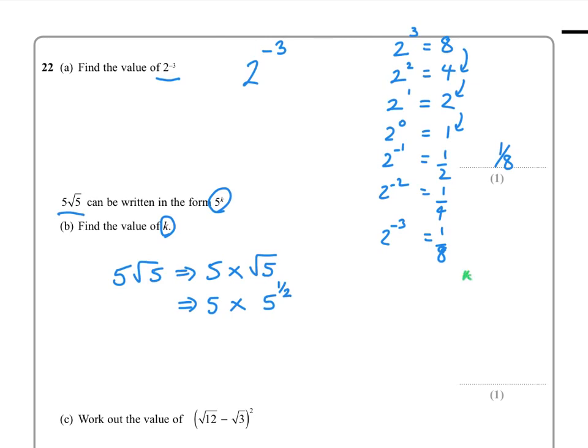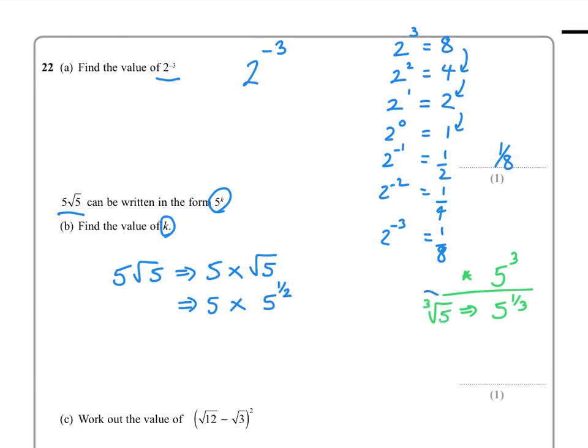So if you had 5 cubed, for example, and you wanted to write the cube root of 5 instead, you would write 5 to the power of a third, and that would be the same as this.